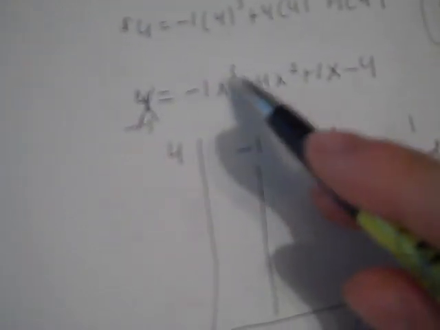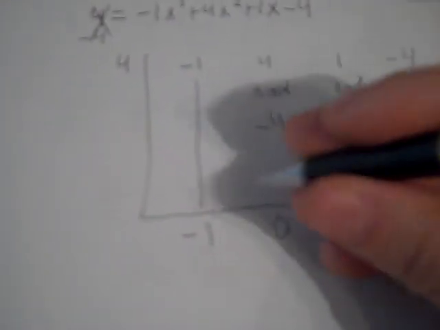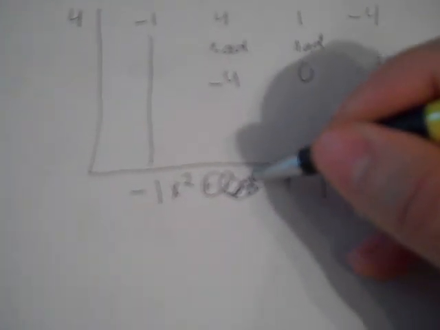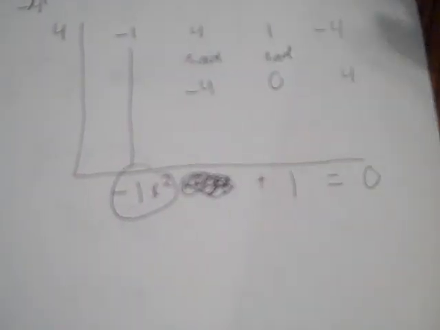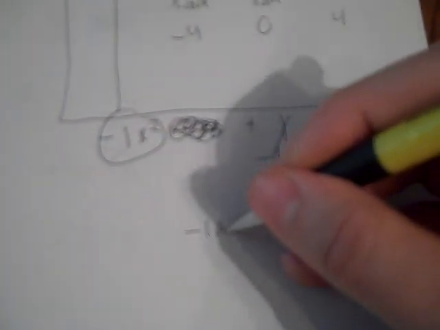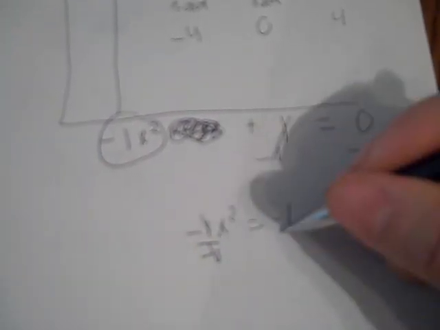Okay, so the negative 1 goes from x to the third to x to the second plus 0x plus the constant. You can take out the 0x, and that's good because now I can just isolate the x squared. So negative 1x squared equals negative 1 divided by negative 1.